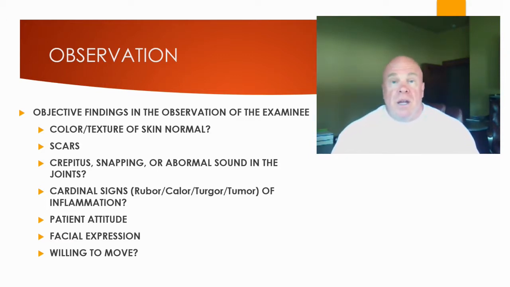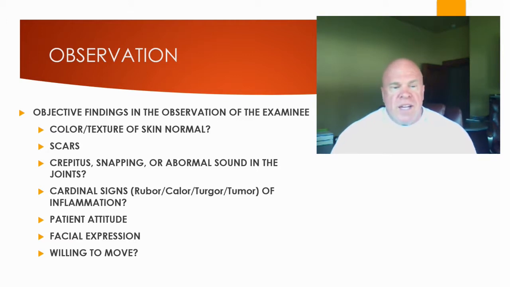can induce trophic changes to the skin and cause thickening of the skin, loss of hair follicles of the skin, loss of sweat gland function of the skin. So this is something that you want to pay particular attention for, which serves as a true positive objective finding in support of an active symptomatic condition.